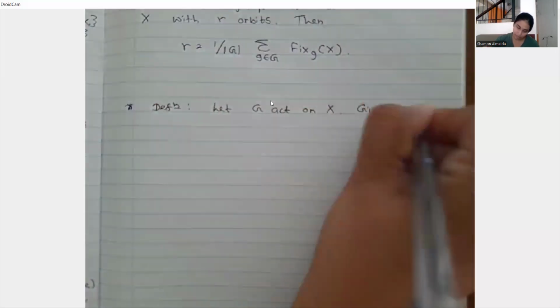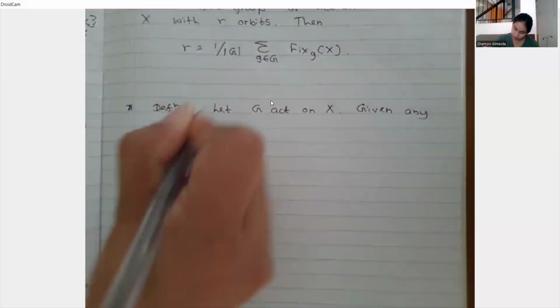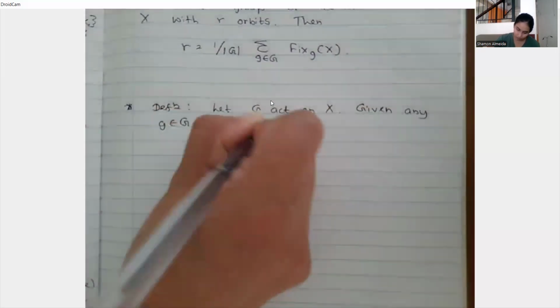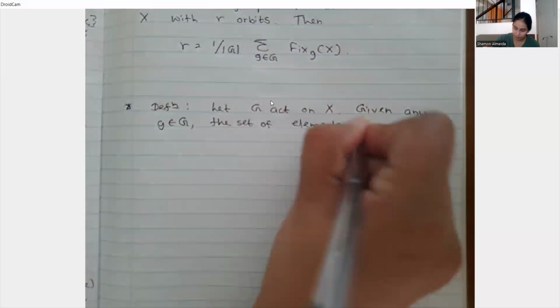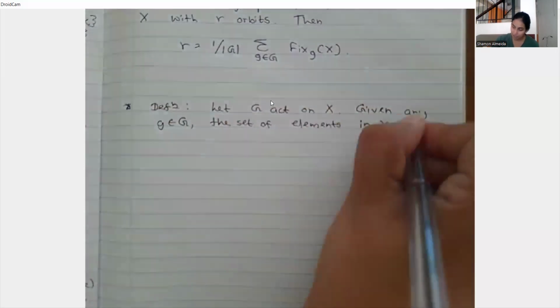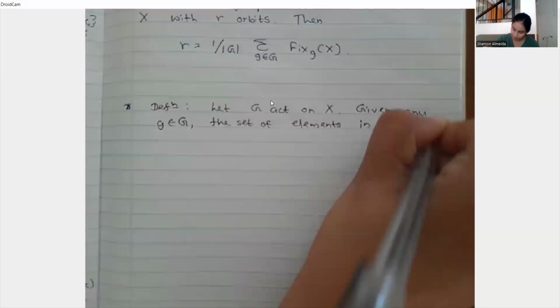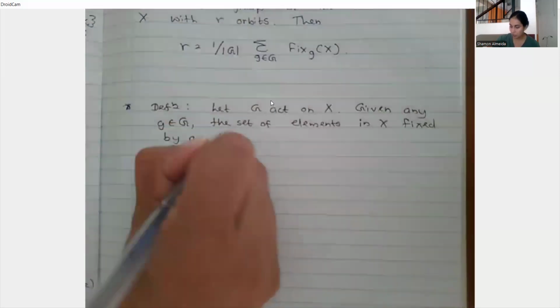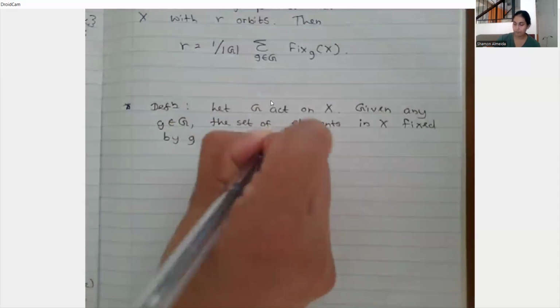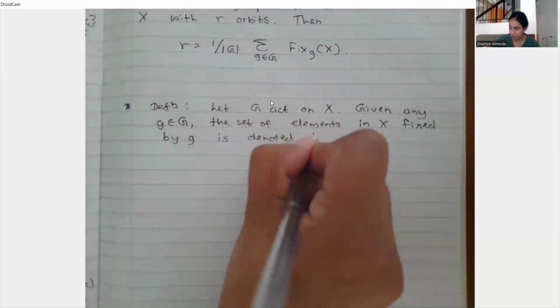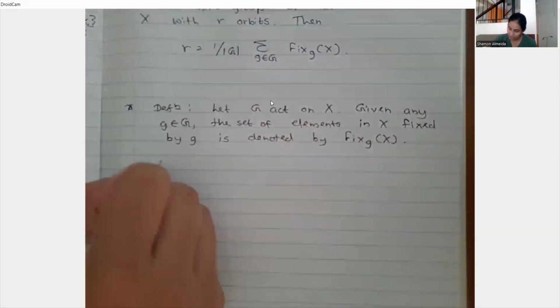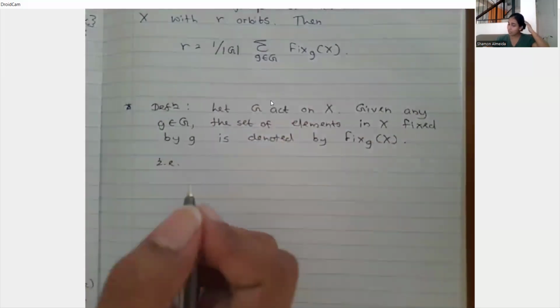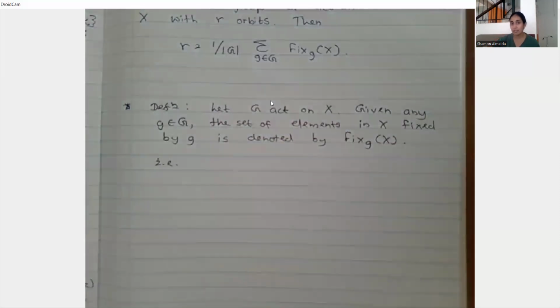Given any element g in this group, the set of elements in X fixed by g is denoted by Fix sub g of X. That is, for this particular g, we take every element in the set X that is fixed by this element g.